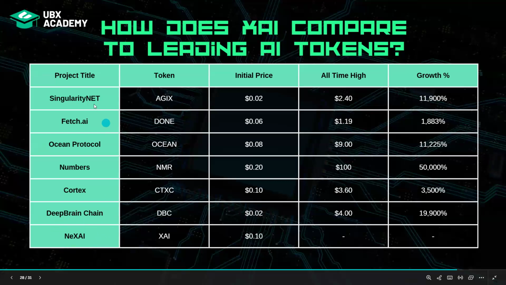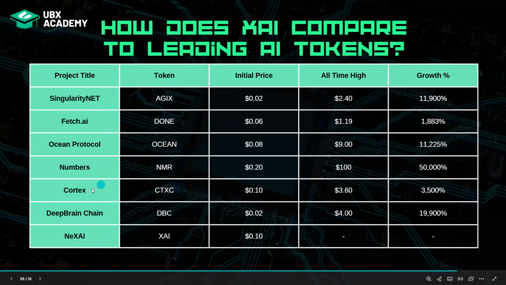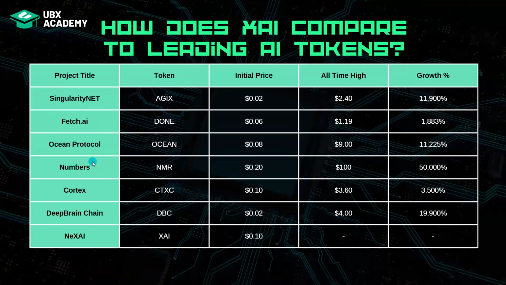All the other companies, Cortex, Numbers, Ocean Protocol, are just doing software AI development. Some are selling things like handphones and servers for you to do node mining. This is how you participate with their program. But for us, you need not buy any devices.